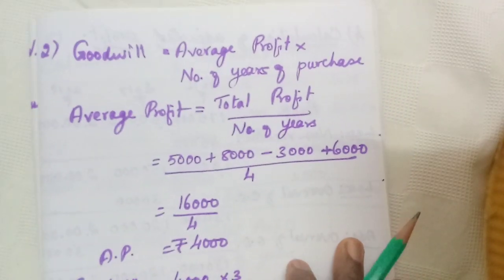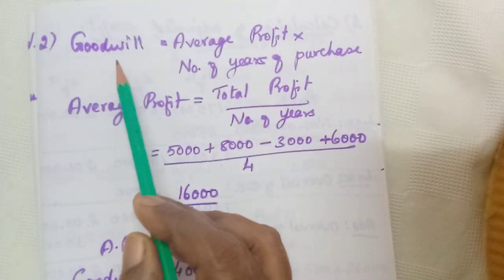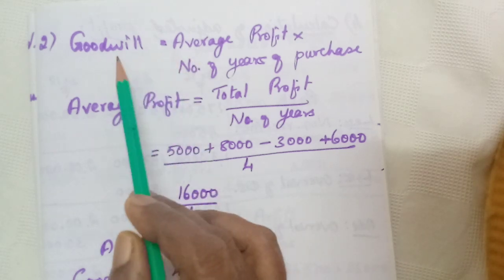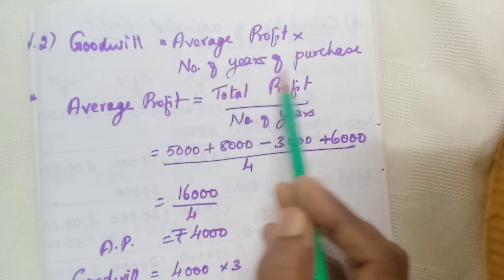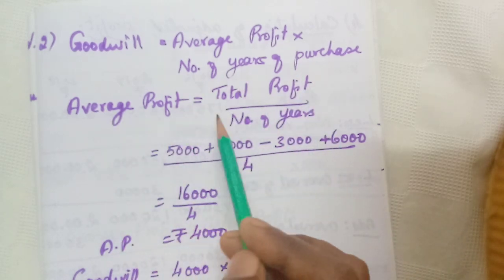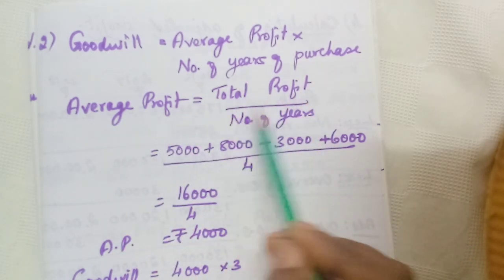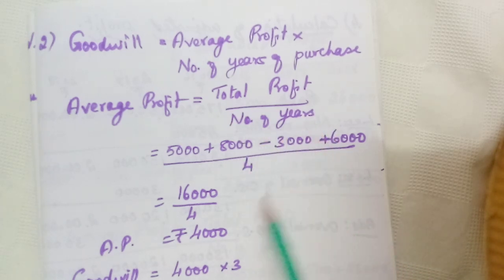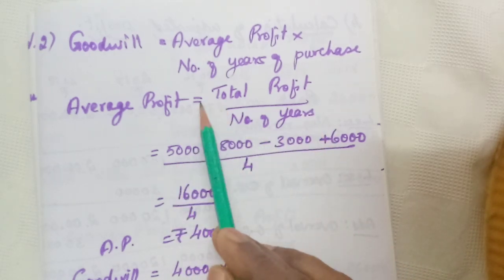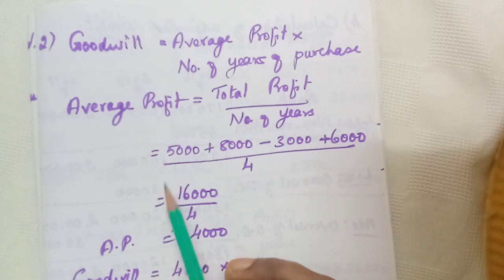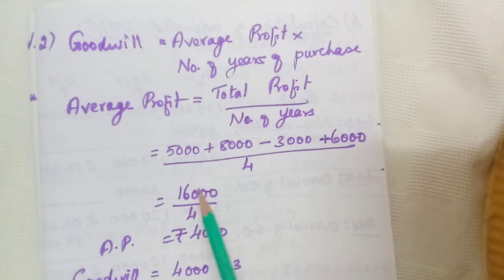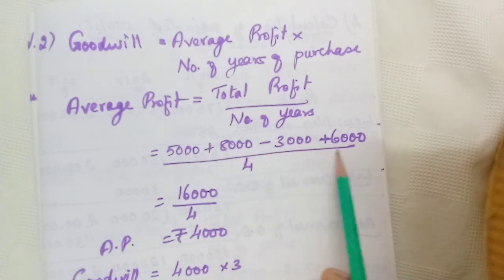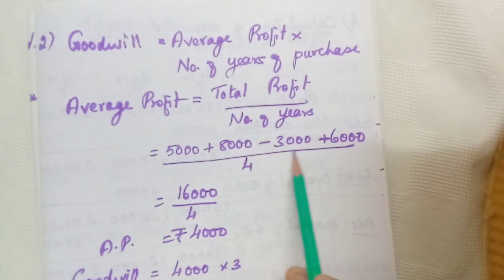First you write the question number 2. Then write the formula. Goodwill is equal to average profit into number of years of purchase. Then average profit is equal to total profit divided by number of years is equal to, all these equal lines must be same place. Okay, in that way you have to write 5,000 plus 8,000, then this minus 3,000 plus 6,000 because it is loss.